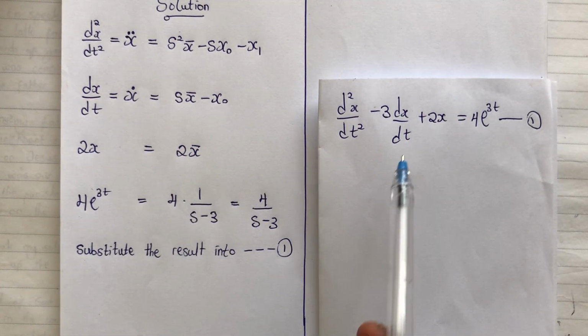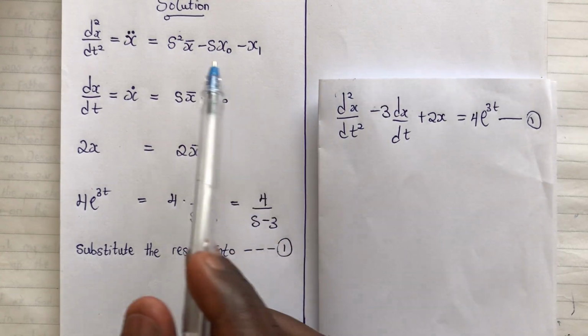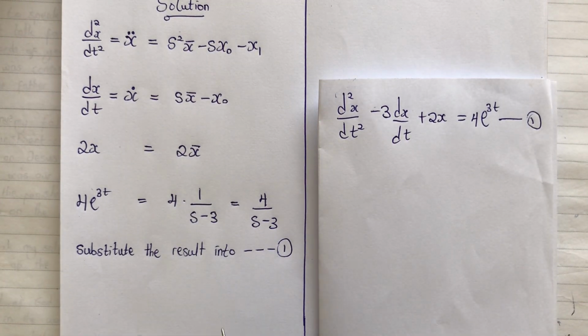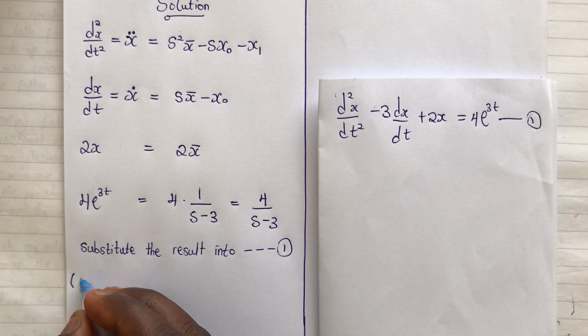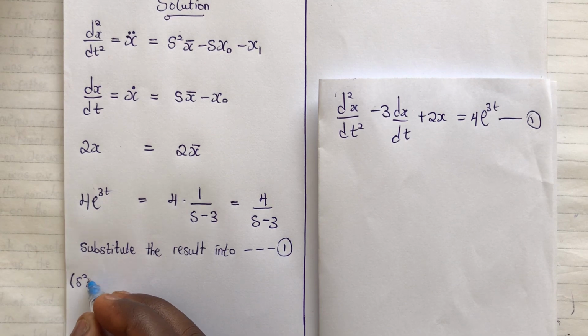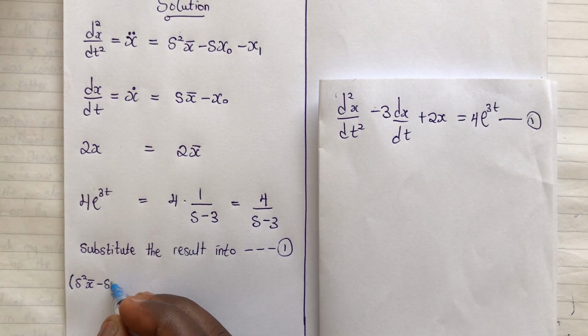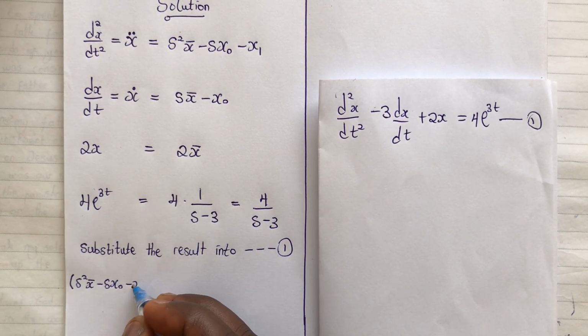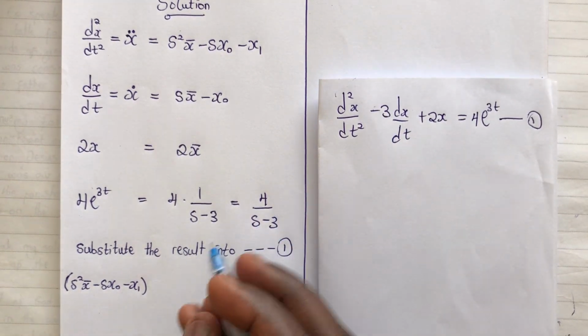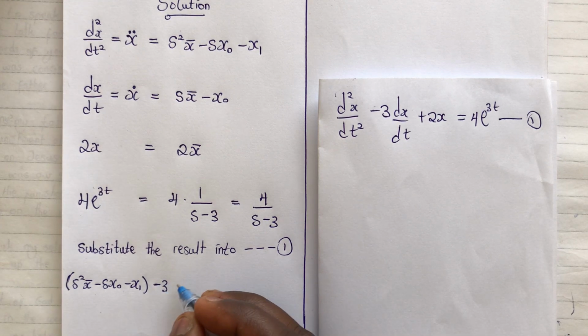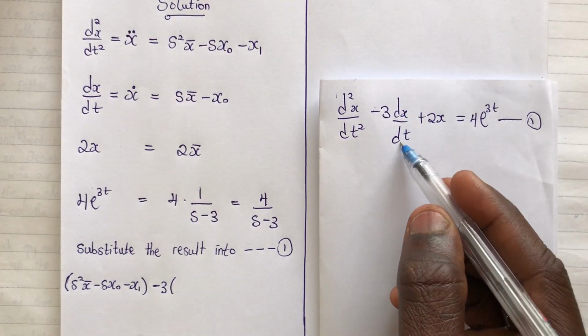Let's do this substitution. Wherever we see this, we substitute that. So let me put them in brackets. I have here s squared x bar minus x naught minus x1. We can close this bracket. Then we have minus 3 multiplying the dx by dt.